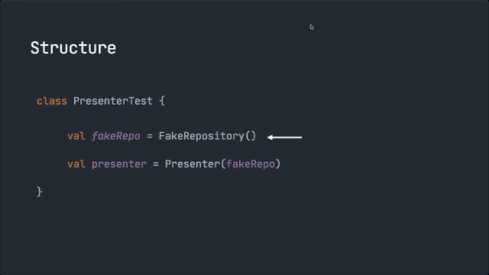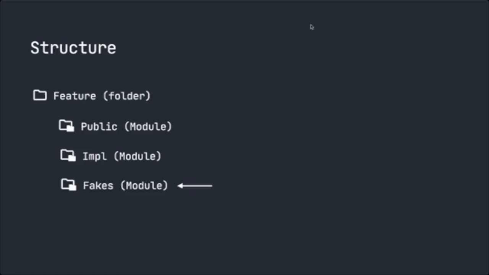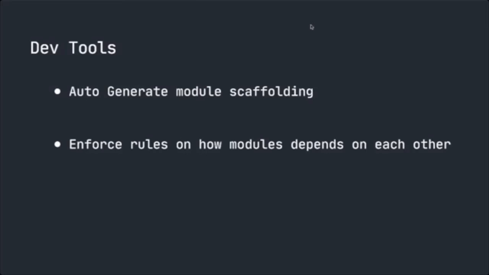As you start to use this pattern, you want to create some dev tools around it. When someone builds a feature and adds tests, you want to create some form of script or plugin that could generate all the scaffolding. Otherwise, people will copy from one feature to another, and they'll have unused dependencies.